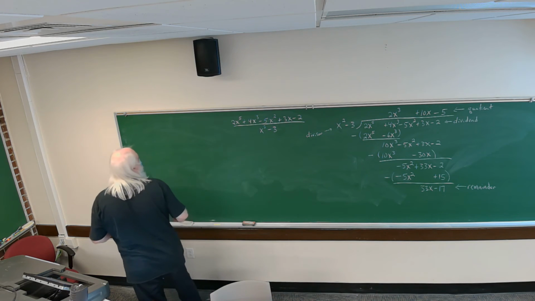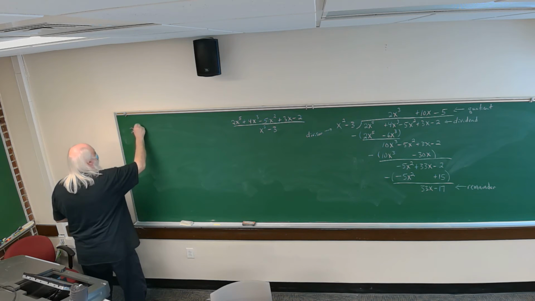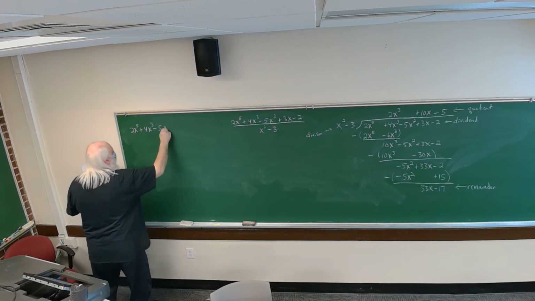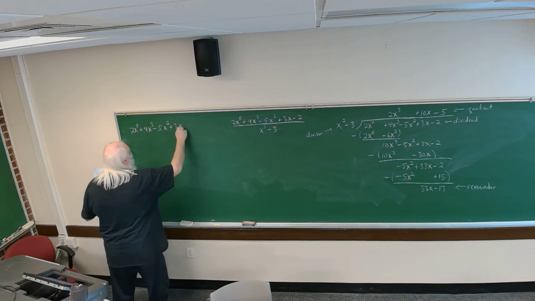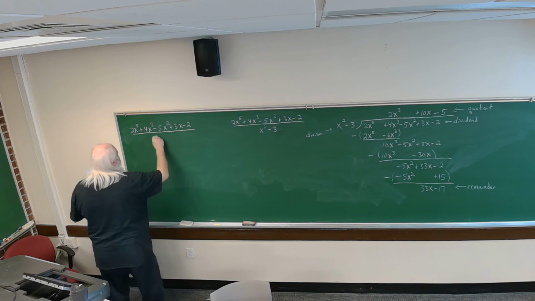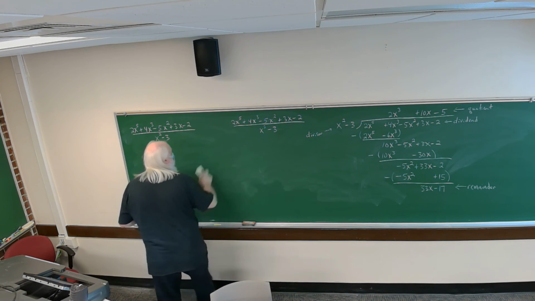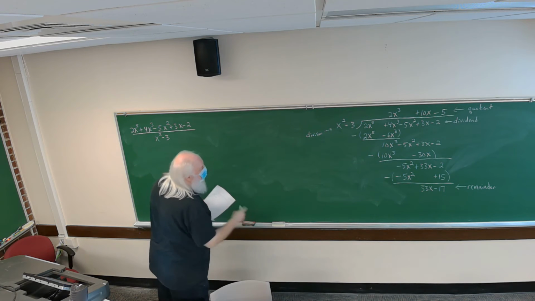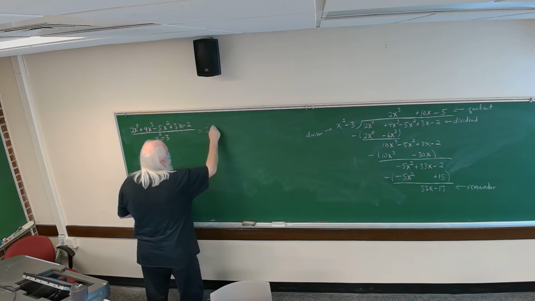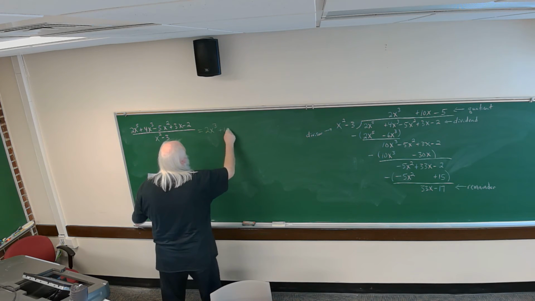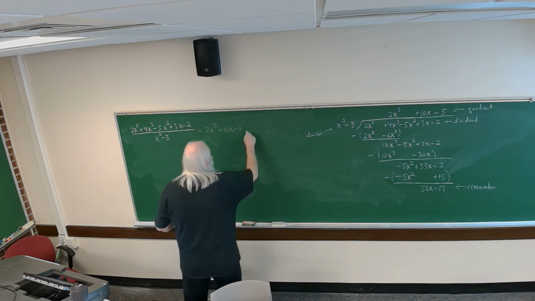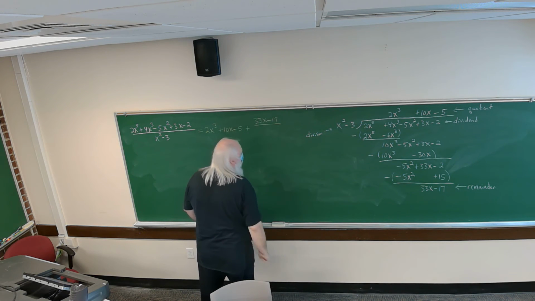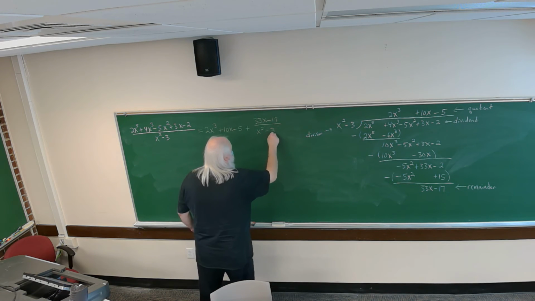So we have shown that 2x to the fifth plus 4x cubed minus 5x squared plus 3x minus 2, divided by x squared minus 3, is equal to the quotient, 2x cubed plus 10x minus 5, plus the remainder, 33x minus 17, over the divisor, x squared minus 3.